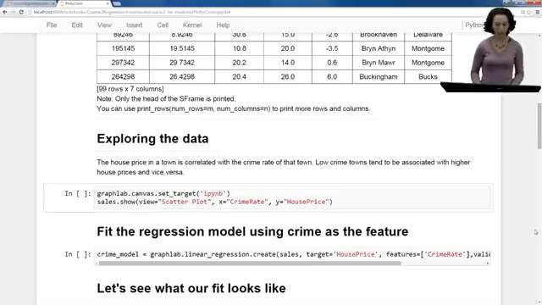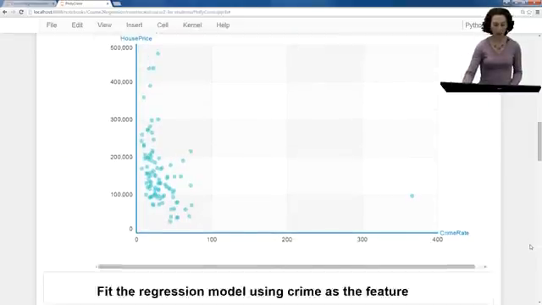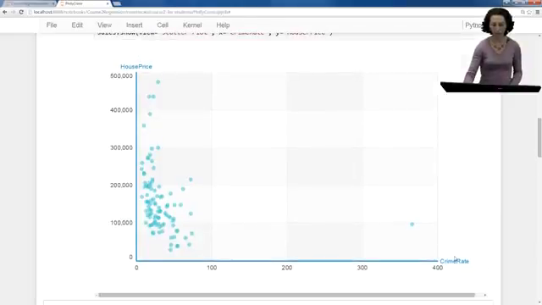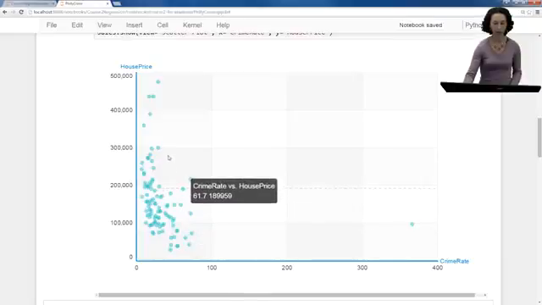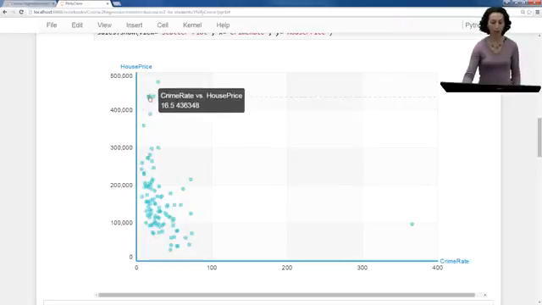We're going to do just a .show command to show a scatter plot of, on the x-axis, crime rate, and each one of these little blue circles, or cyan light blue circles, is a different town in our data set. And we have a total of 98 different towns. And on the y-axis, what we have is the average house value in that town.